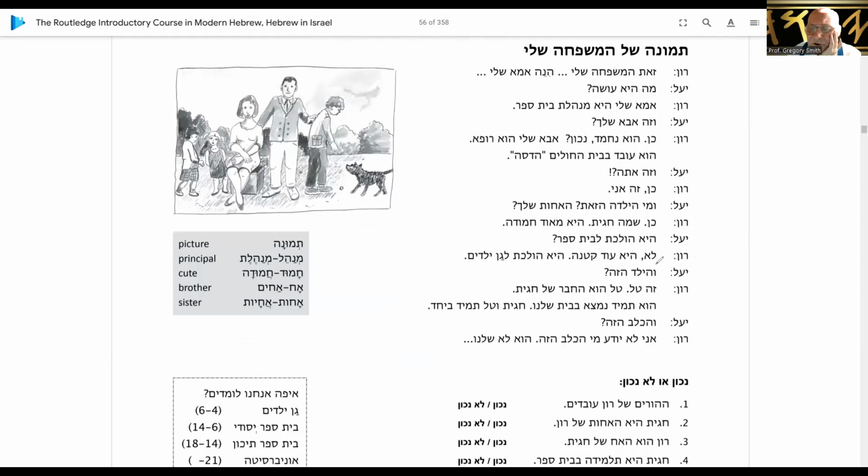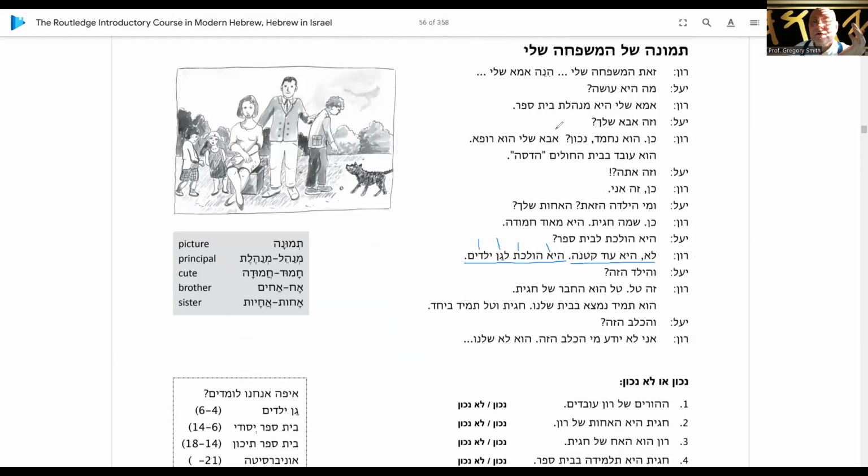Here's Ron answering the question. Lo hi od katana. No, she is just a little girl. She's still very little. Hi holechet legan yeladim. Okay, so she is going to kindergarten. Legan yeladim is kindergarten.